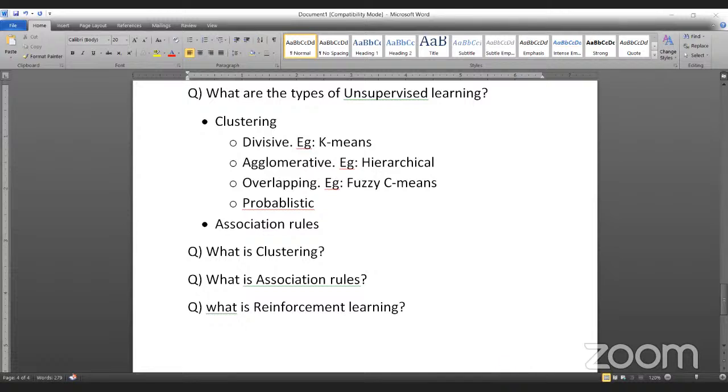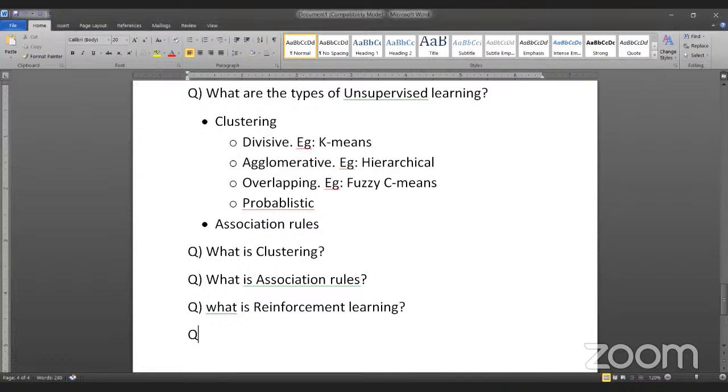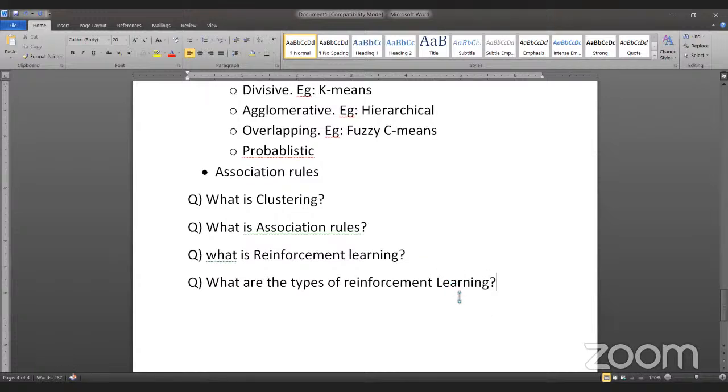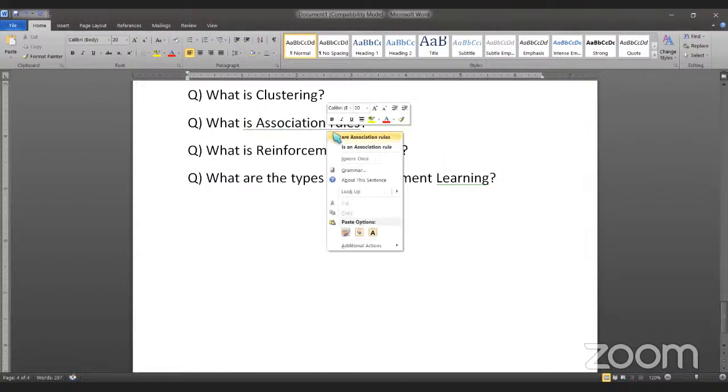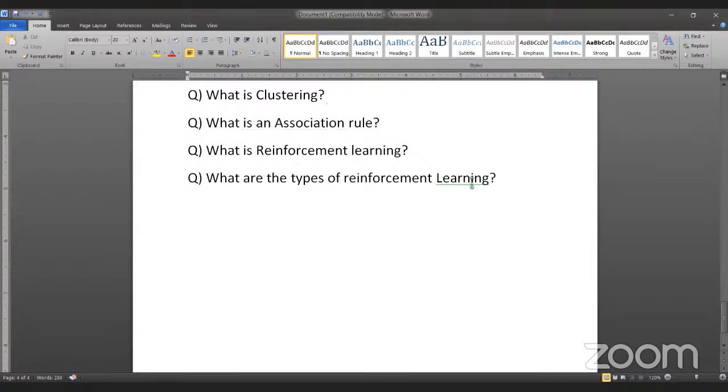Now, what are the types of reinforcement learning? There are basically two types.